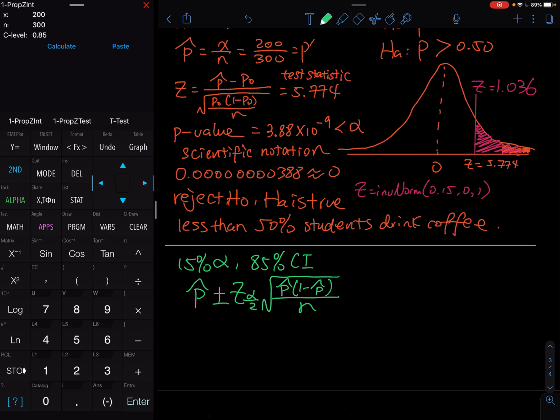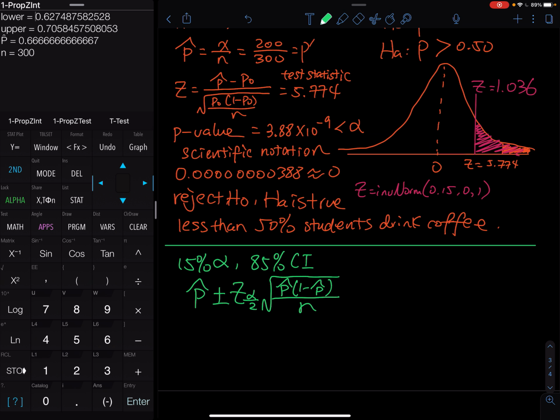So when you hit calculate on your TI84 Plus, you have 0.62749 and 0.70585.